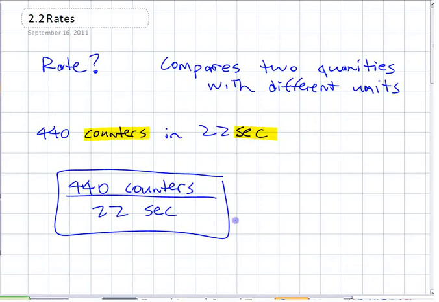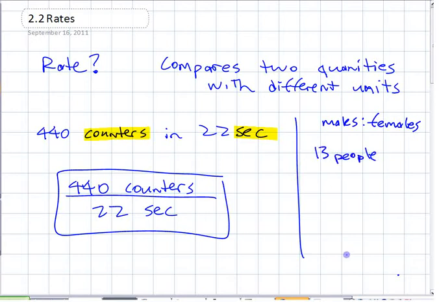If you counted males to females in your class, what units are those measured in? Let's pretend it's 13 males and 17 females, which is probably not right, but you're comparing people to people, right?